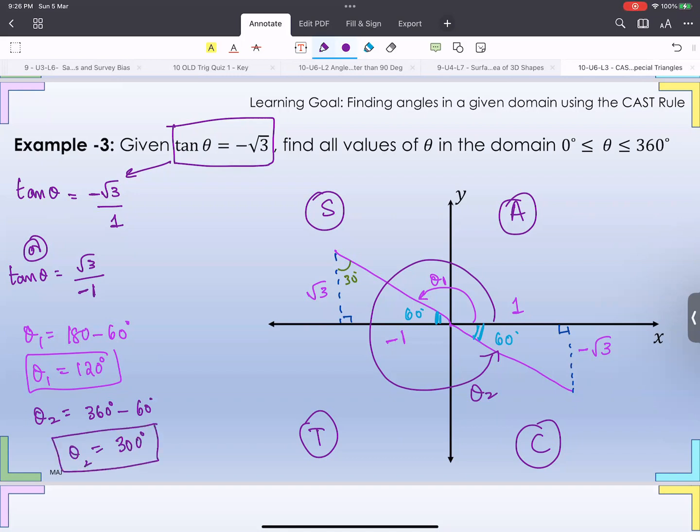So your final answer is, you combine that and say, therefore, theta is 120 degrees or 300 degrees.